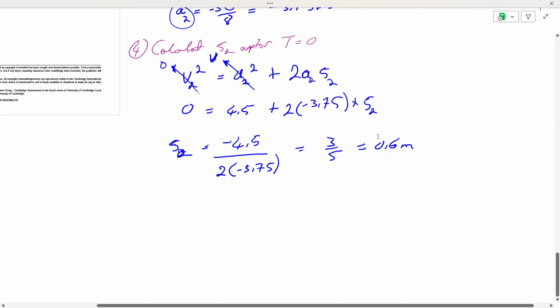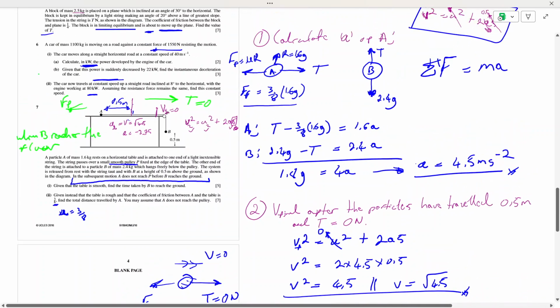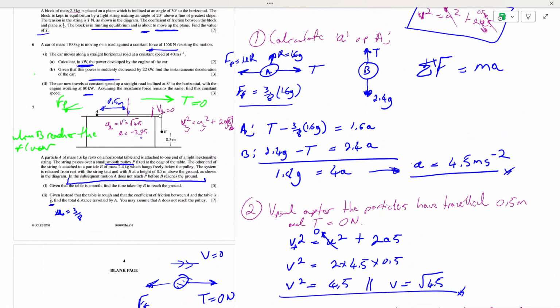Sorry, there was a technical glitch. So this is S2 now, to get the total distance from the table. After B has reached the ground, it moves a further 0.6 meters.